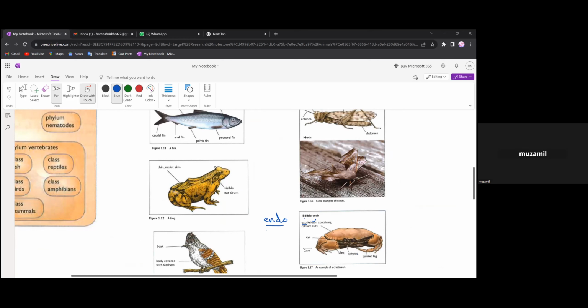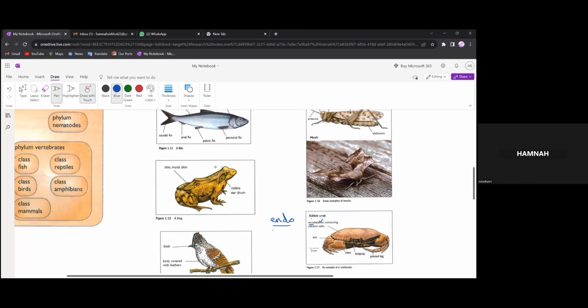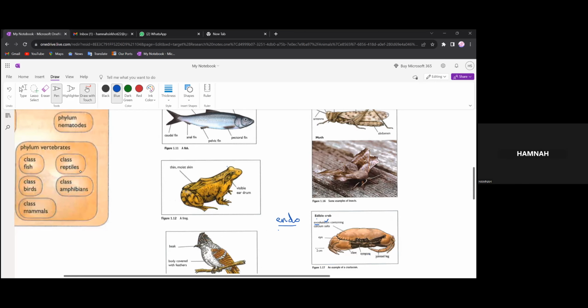What type of vertebrate is it? It's not a bird. It's not a fish. It's not a mammal, because you told me mammals have hair. Does a frog have hair? It doesn't. Is it a reptile? No. One second.